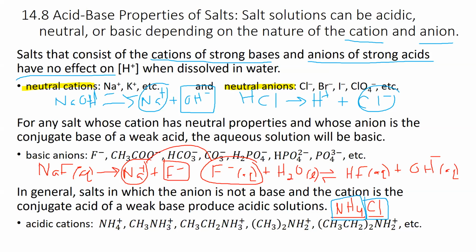If you want to really compare, you can always compare the cation and anion, and you'll find that if you have an anion that is a weak base and a cation that's a weak acid, you can determine whether the solution is going to be acidic versus basic by comparing the Ka and the Kb of those two ions. If the Kb is bigger than the Ka for the base and the acid respectively, then it's going to be a basic solution. If the Ka is bigger than the Kb for the acid and the base, then it'll be an acidic solution. Okay.